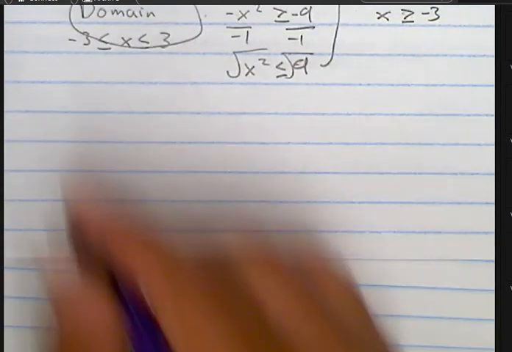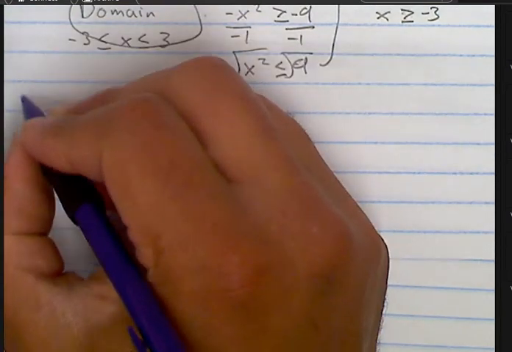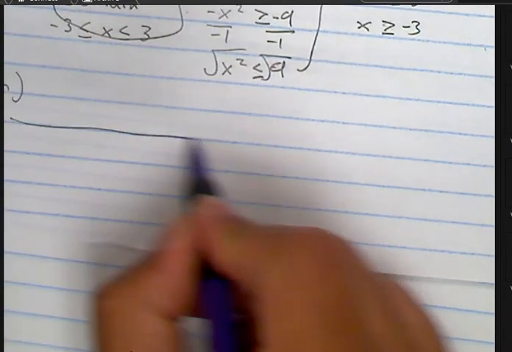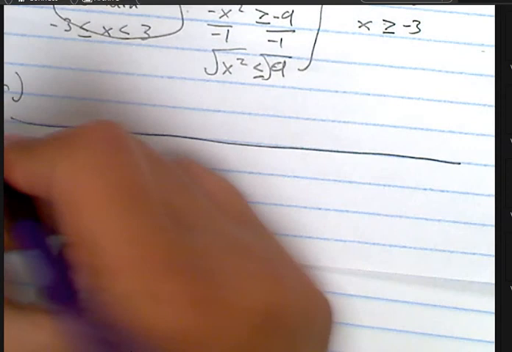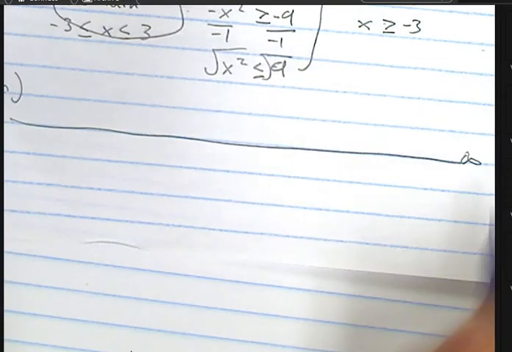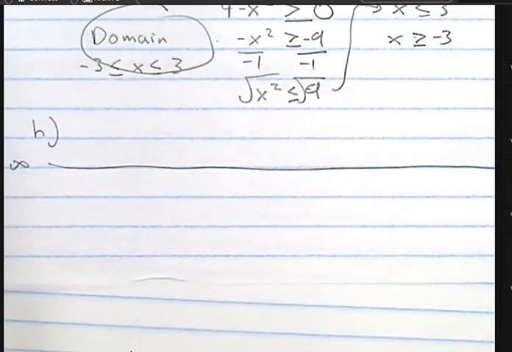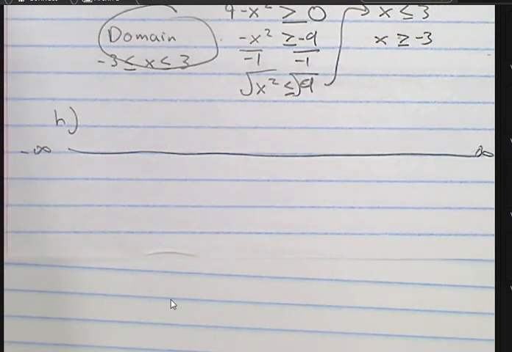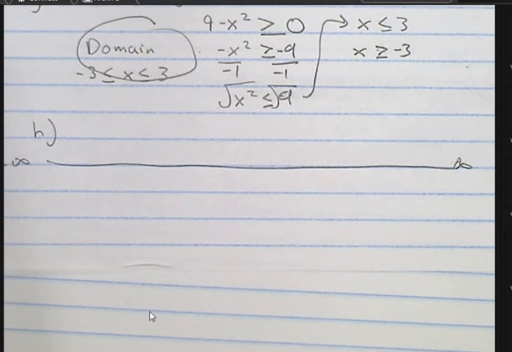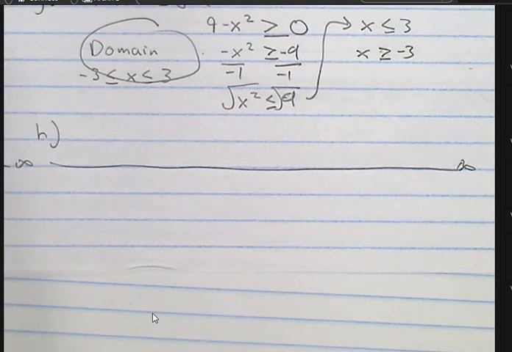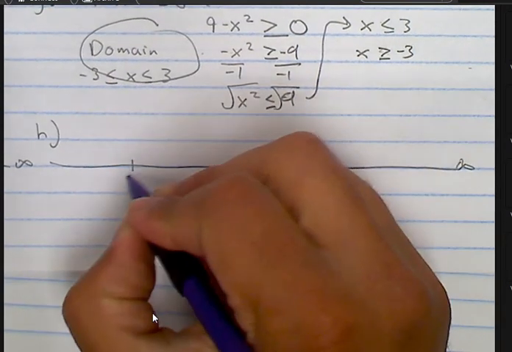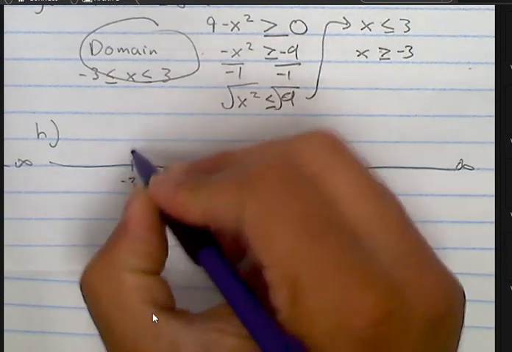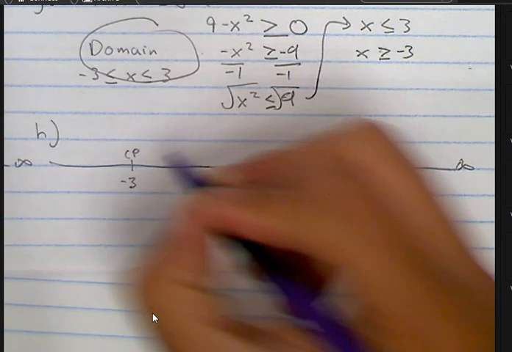So, B, C, D, E, F, G, H. Now we don't have negative infinity to infinity right here. Let me pan out. We know our domain is negative 3 to 3. So, it is a critical point, but it's an endpoint as well.